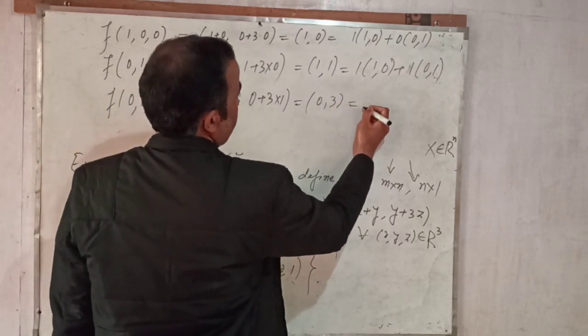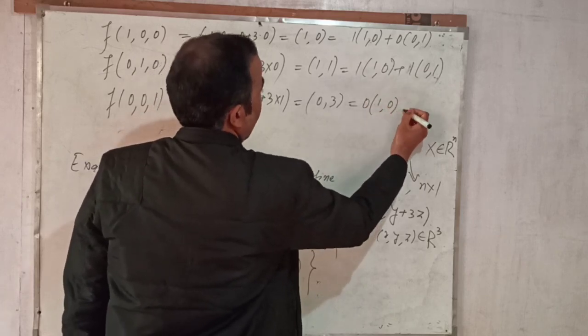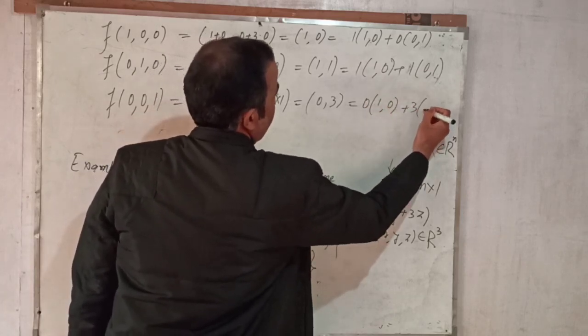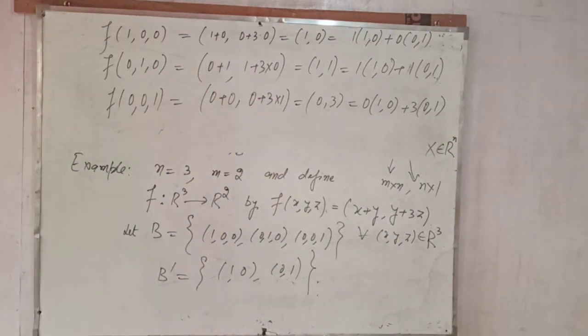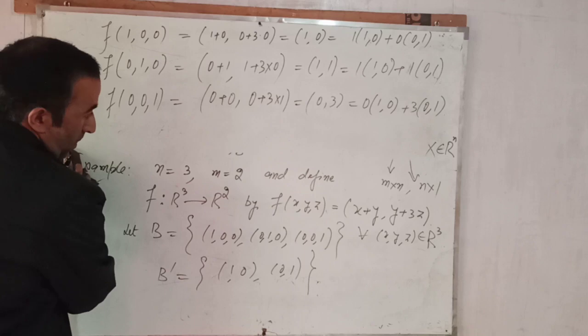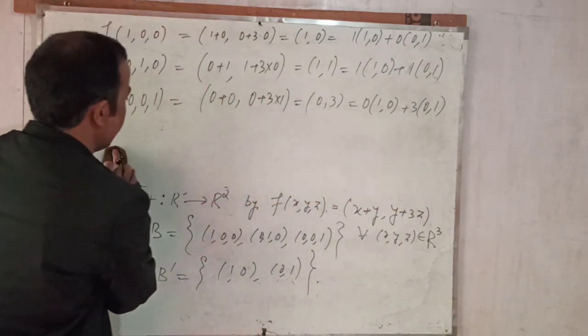So this is 0 times (1, 0) plus 3 times (0, 1). You can see, so these are the values of the images of the basis elements.